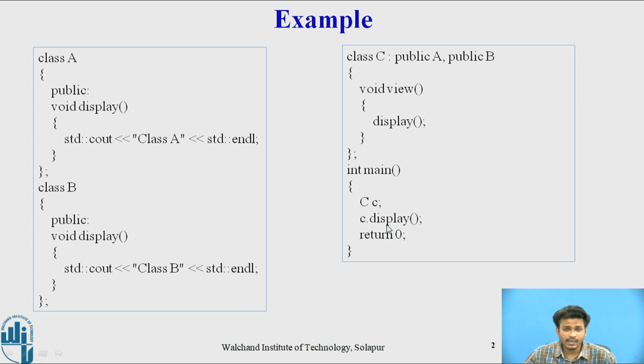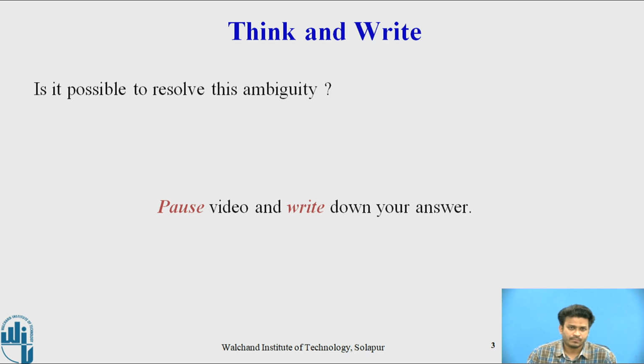Now tell me which function it should call, or is it possible to remove this ambiguity? This situation we can call ambiguity, because the compiler is getting confused. Which one should I call? So this is the problem.